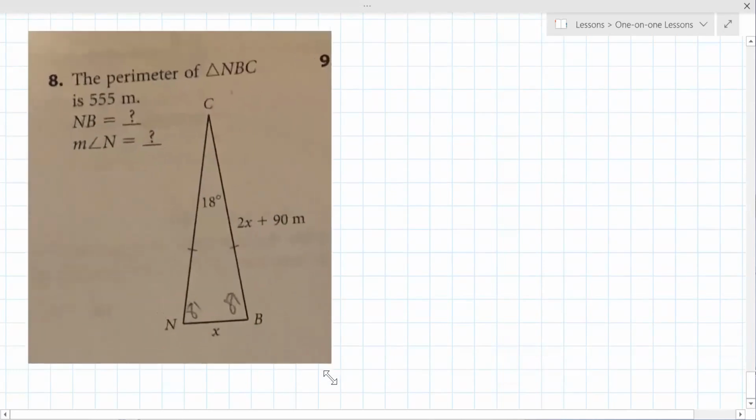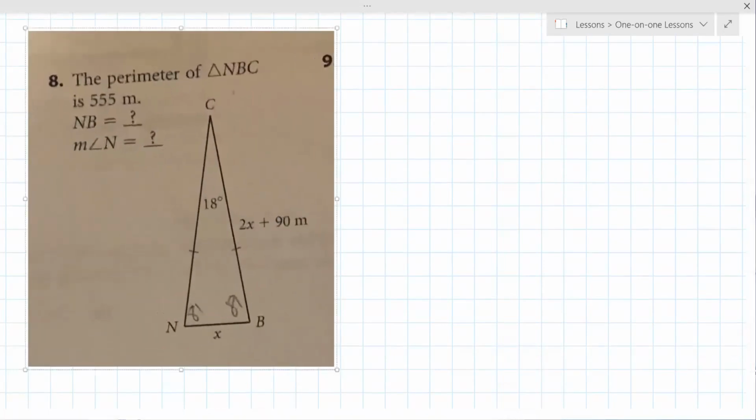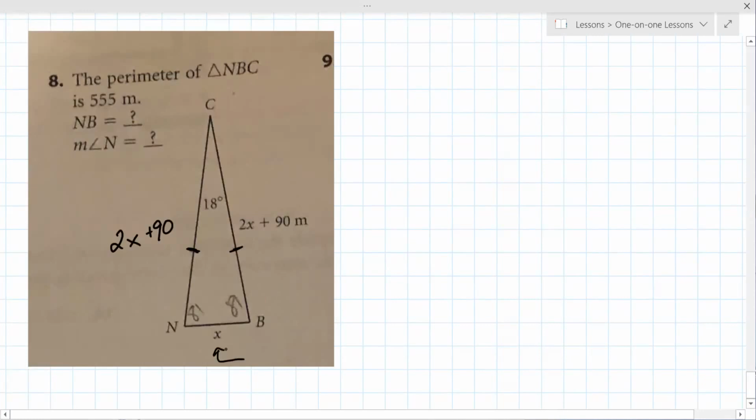This one says that the perimeter of this triangle is whatever it is. These two dashes again mean that these two sides are congruent to each other. That means that this side is also 2x plus 90. This side is x. So we know that if we add up all three sides, we get 555. 2x plus 90 plus 2x plus 90 plus x has to equal 555.